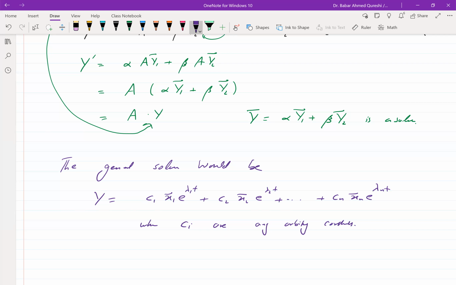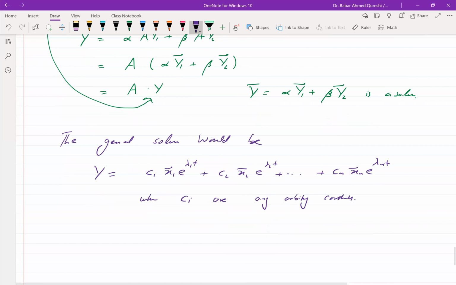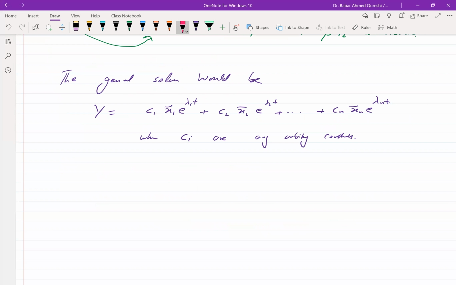So let's take an example. Suppose your system is this one. You're given two functions and their derivatives are related linearly like this.